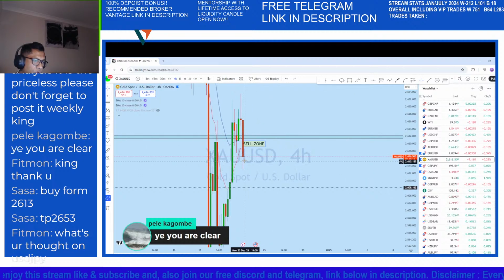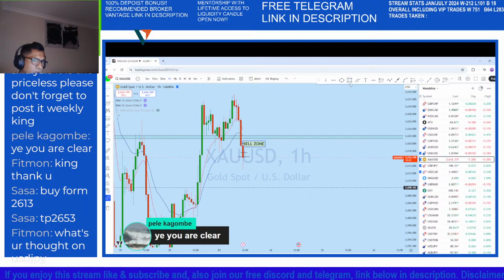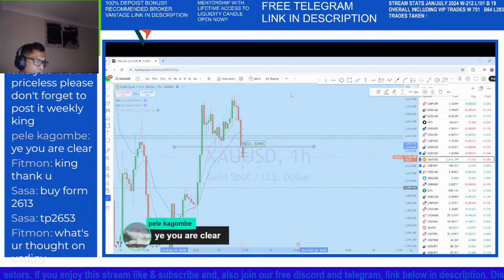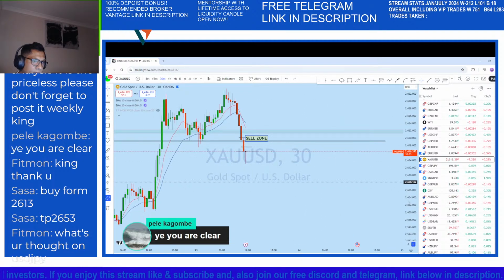Okay, so which is good to see that it's trying to bounce back up. And some of the levels that we can look at for the market to bounce and then to return back.